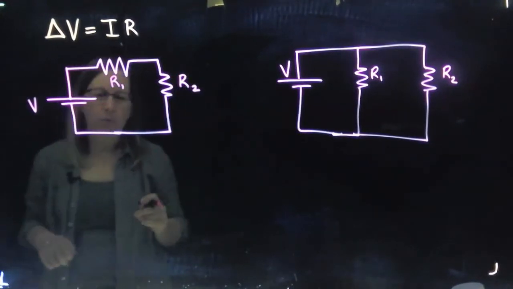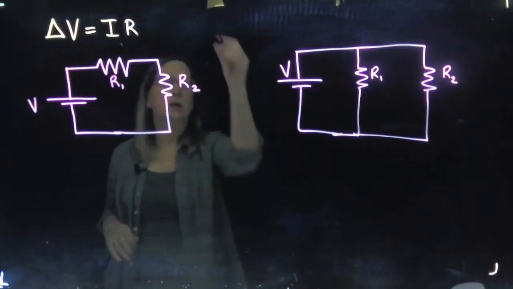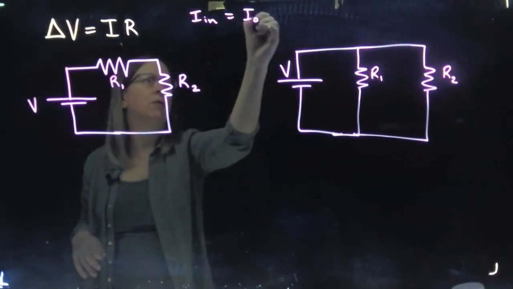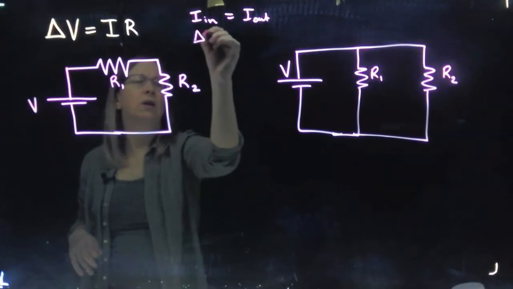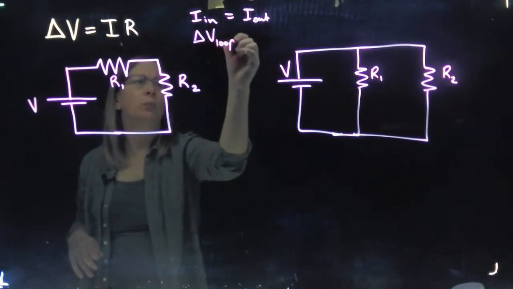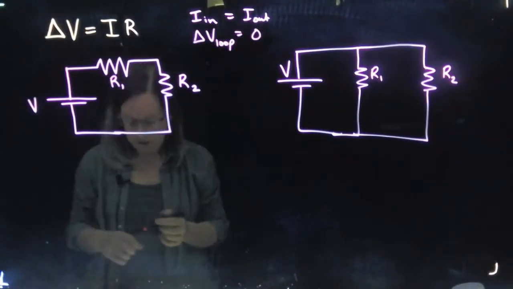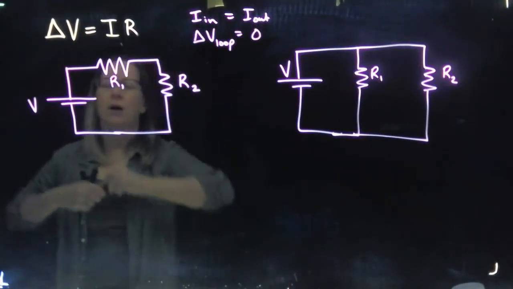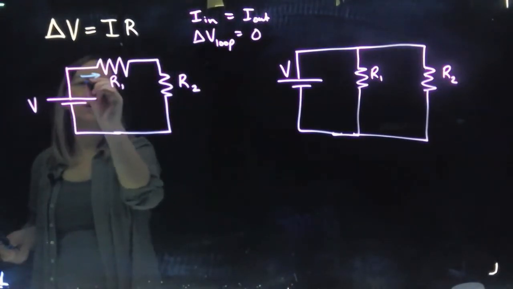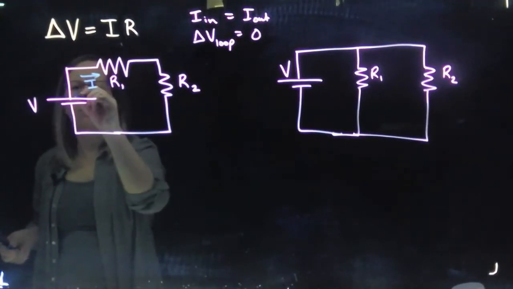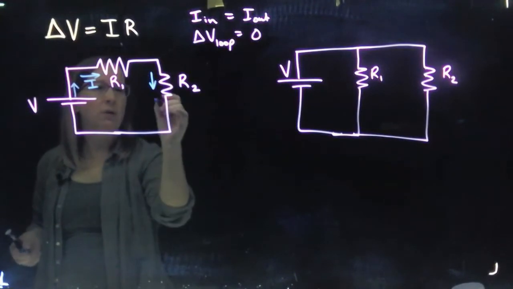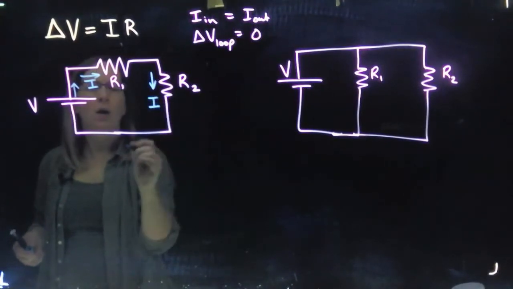And as I said before, we use current in equals current out, and delta V, we're going to say around the loop, any loop that we set up, is equal to 0. So in the first case, we have current going out of the battery, and it goes through R1. It's the same current that's going through R2, and so forth.